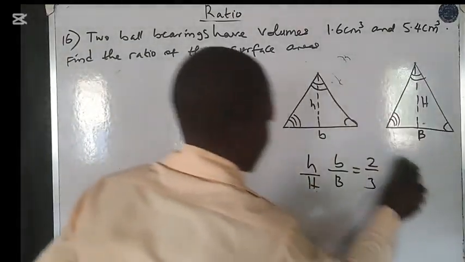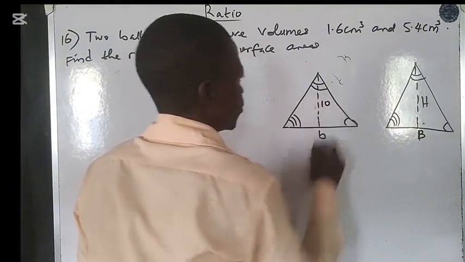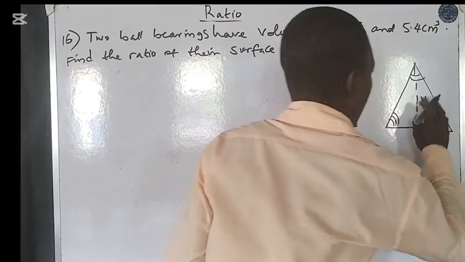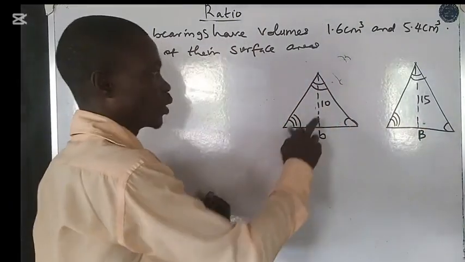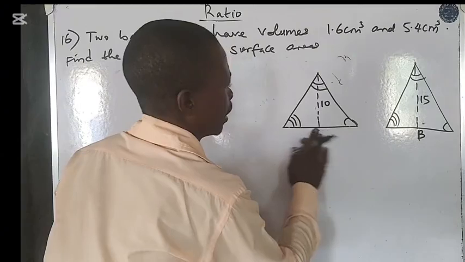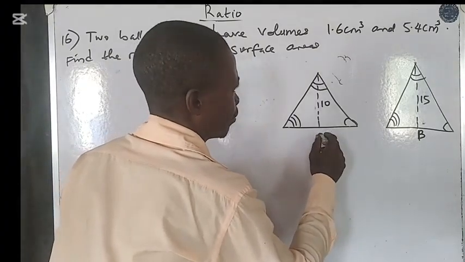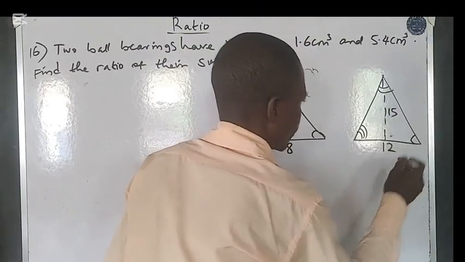For example, let's say the height here is 10 and this one is 15, and let's say this one is 8, so this place is 12.